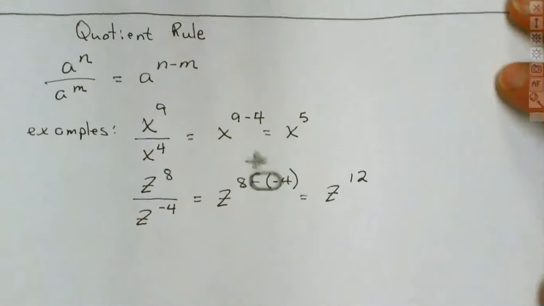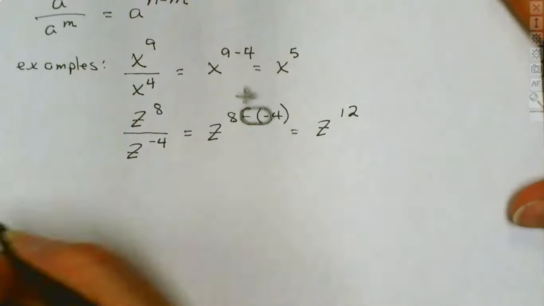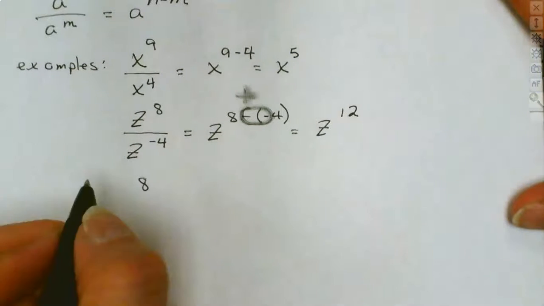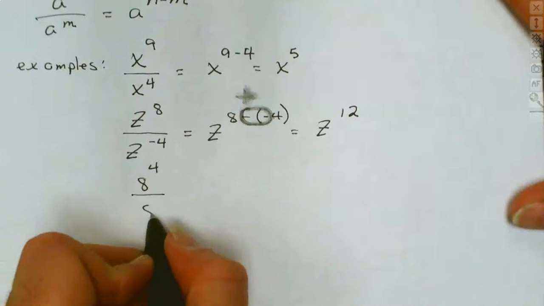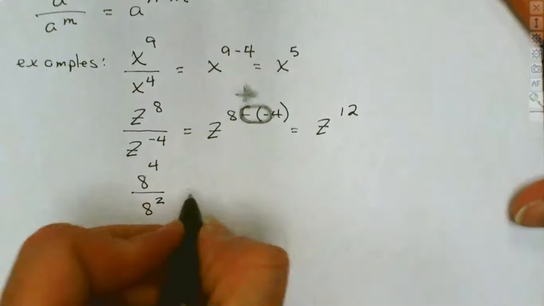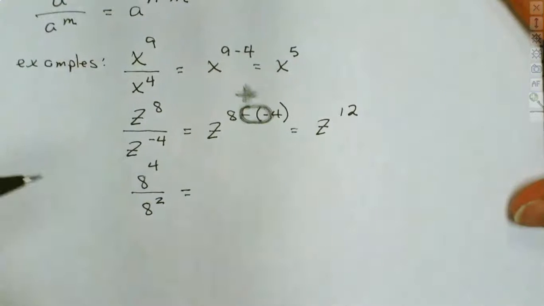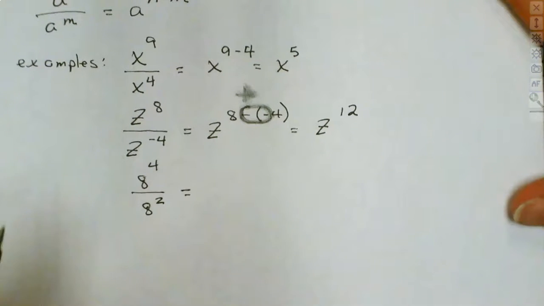Works the same way with numbers. How about 8 to the 4th over 8 to the 2nd power? Well, students get confused because we're not going to divide these 8s, because these 8s are the base. So these have a common base of 8.